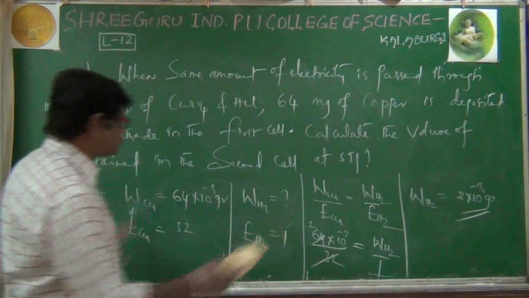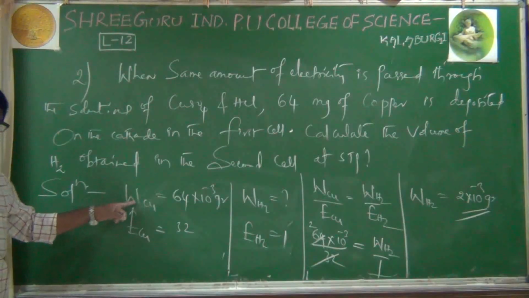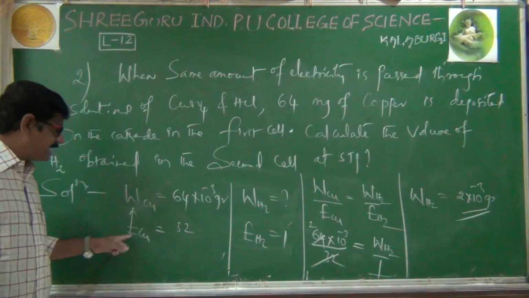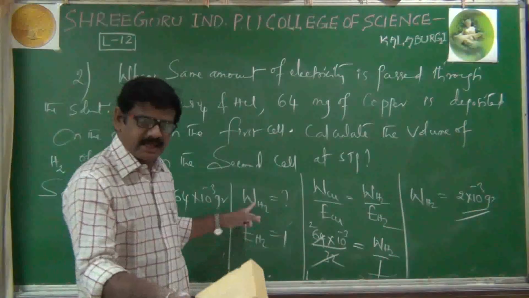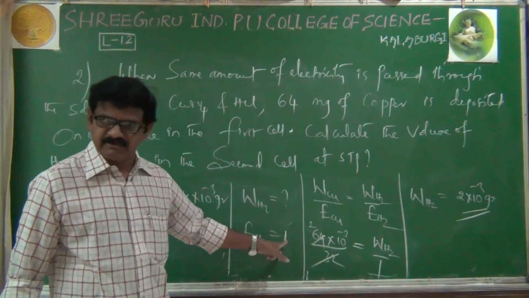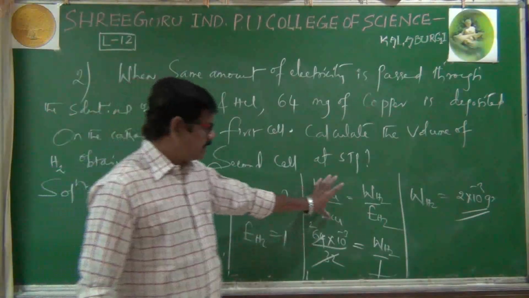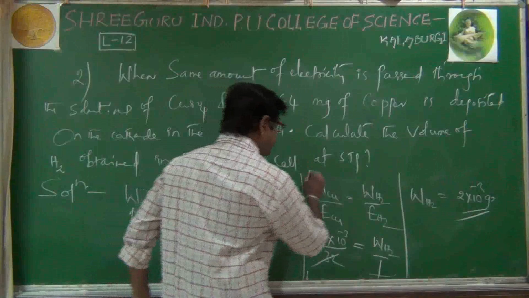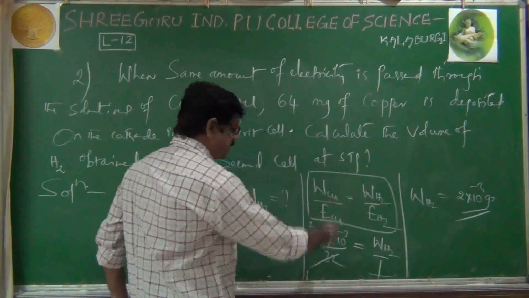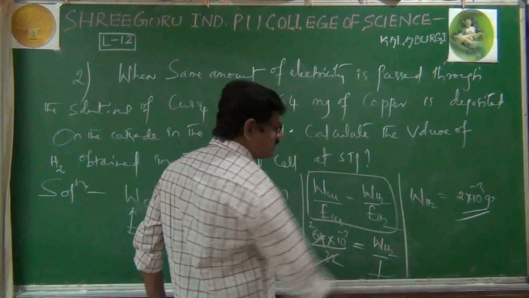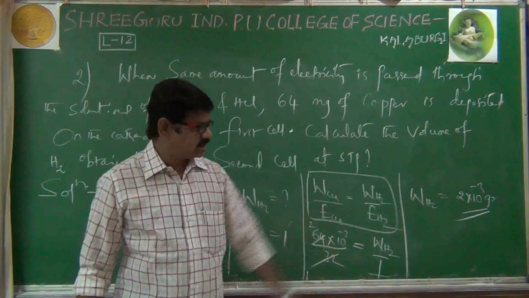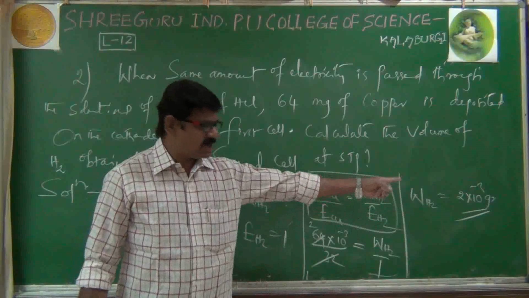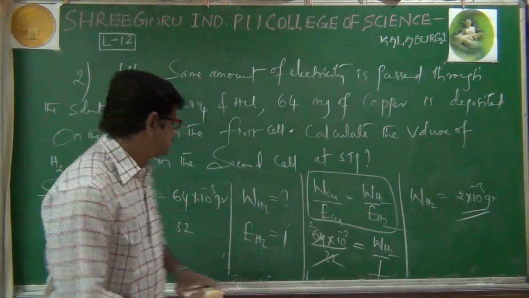Up to here there is no difficulty. Mass was given as it is, and we took the equivalent mass as fixed, constant 32. We first calculated the mass of hydrogen with its equivalent mass constant at 1, using the second law of Faraday formula, and substituting in that formula gives the mass of hydrogen in grams. Right. Now we'll see how to convert this mass into volume.